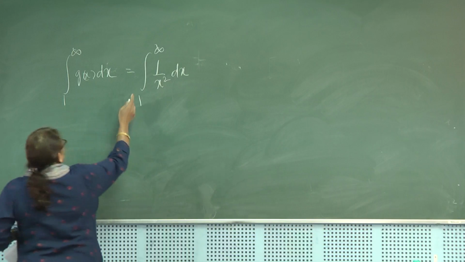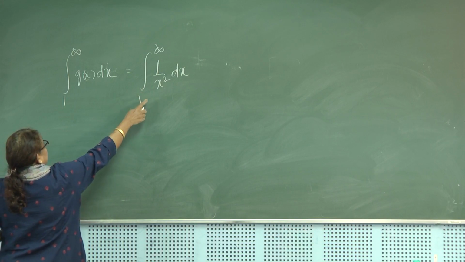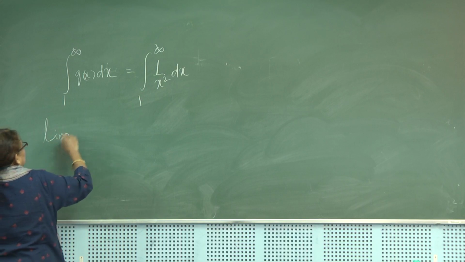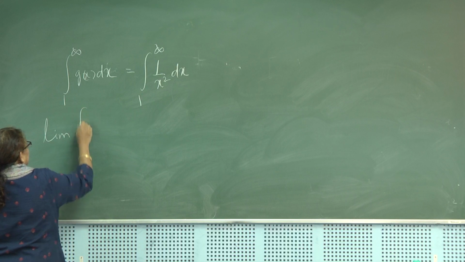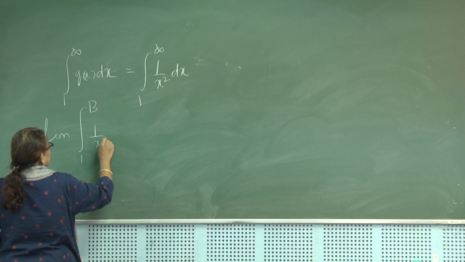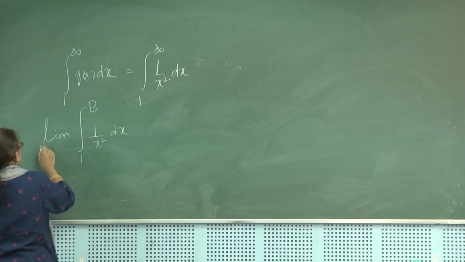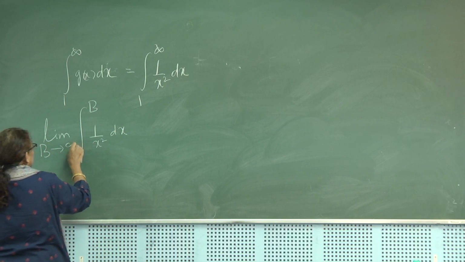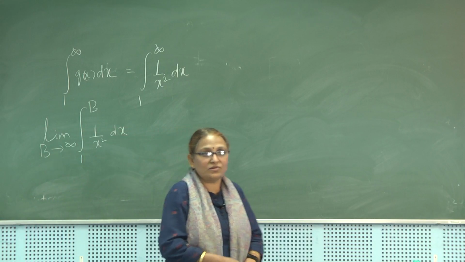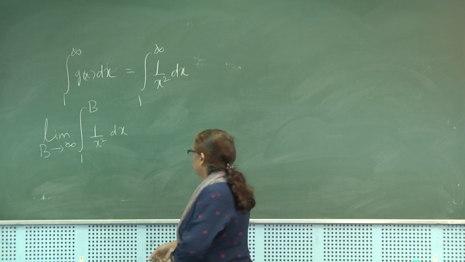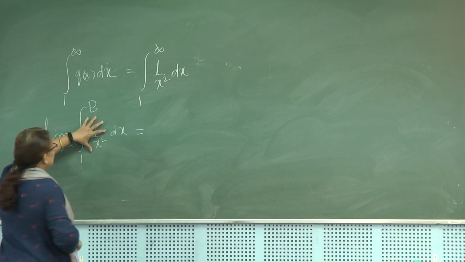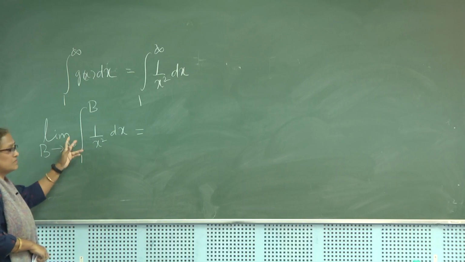Well, for the convergence of this improper integral, we look at this limit, integral from 1 to b of 1 upon x square dx, b goes to infinity. So, we find the value of this integration, and then we take the limit b goes to infinity.